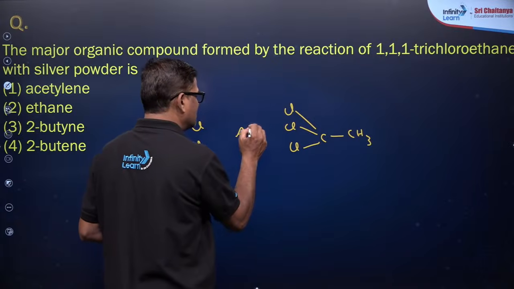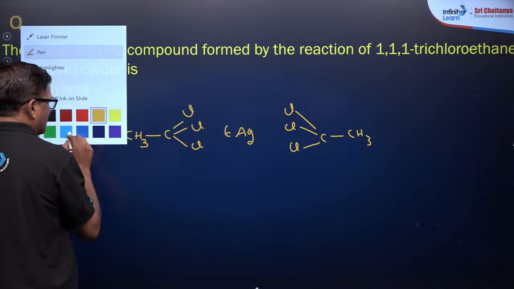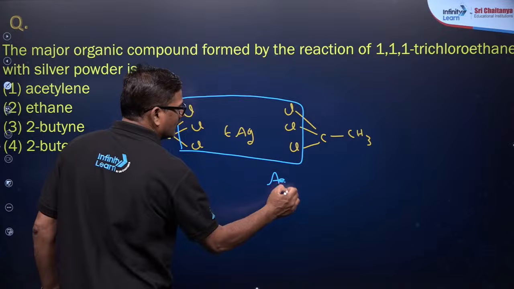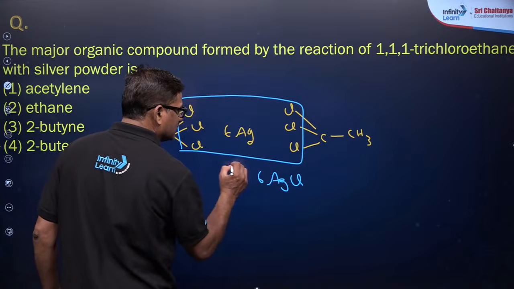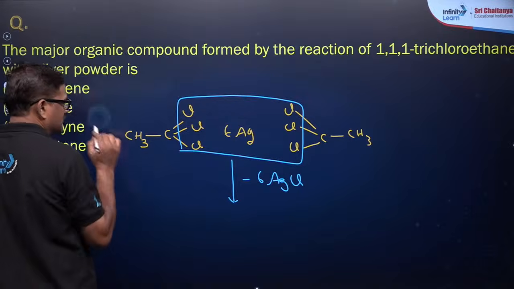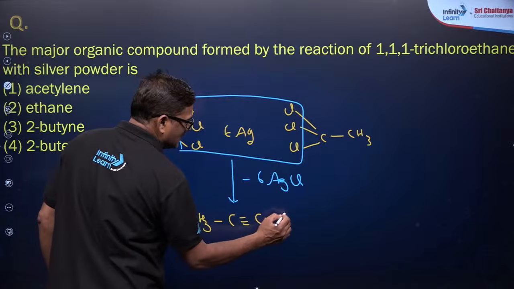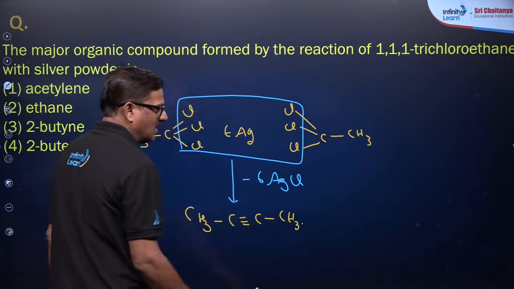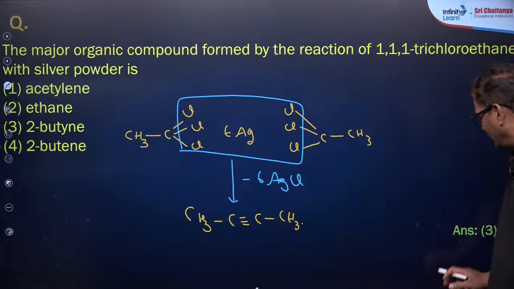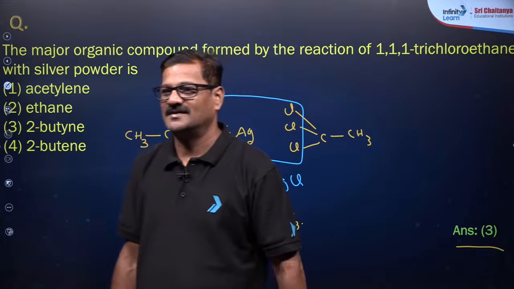If it is treated with silver powder, you are going to eliminate silver chloride. So you will be having CH3, C triple bond C and CH3. The answer is but-2-yne. Are you getting or not? Clear? That's good.